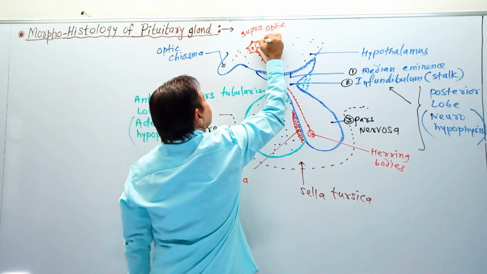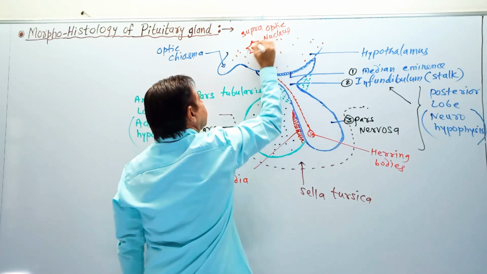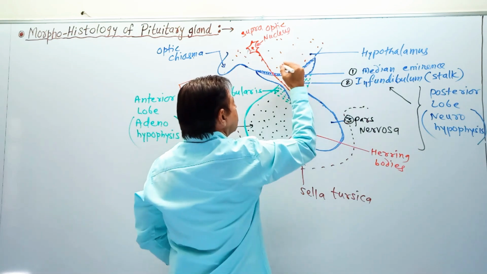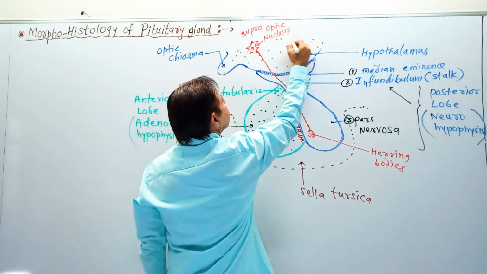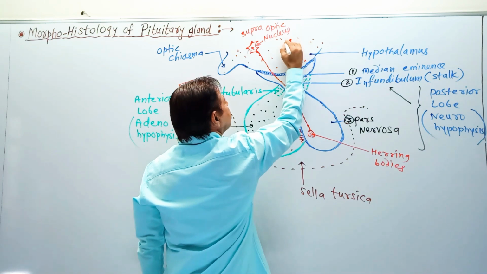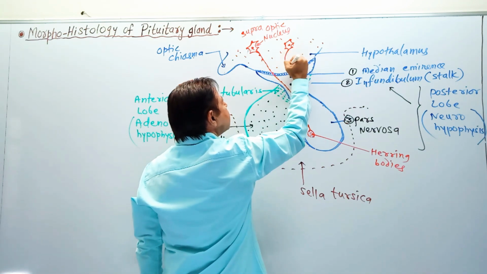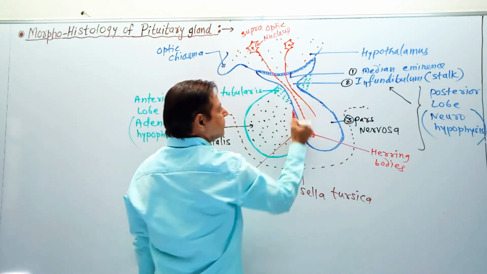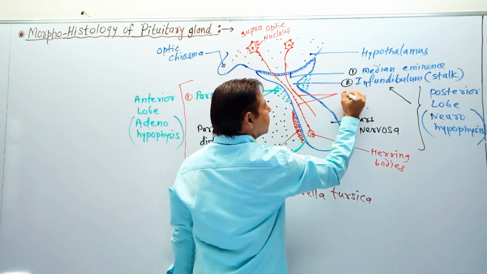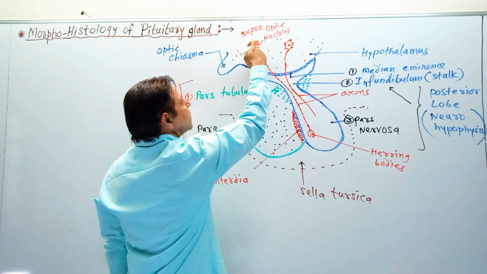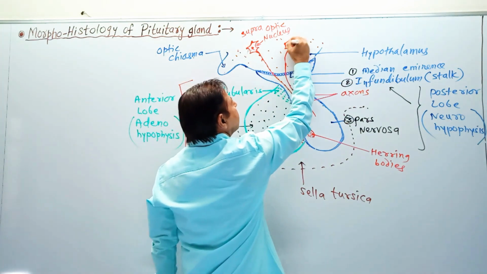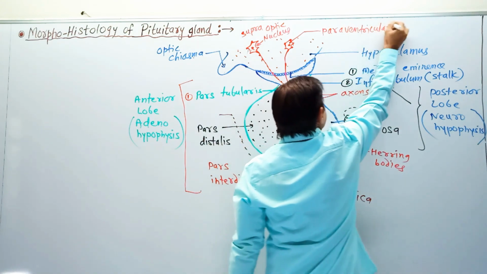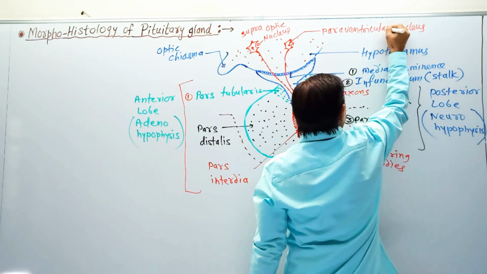Okay, this is the supraoptic nucleus, and another nucleus is the paraventricular nucleus. These are the axons of the supraoptic nucleus and paraventricular nucleus.